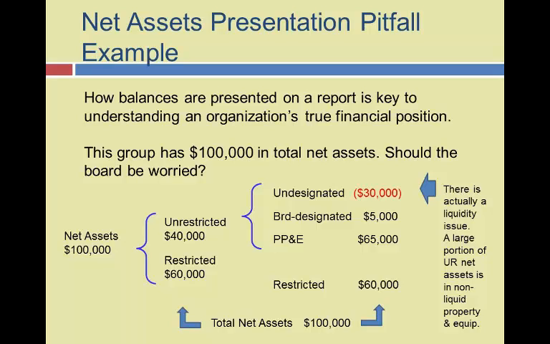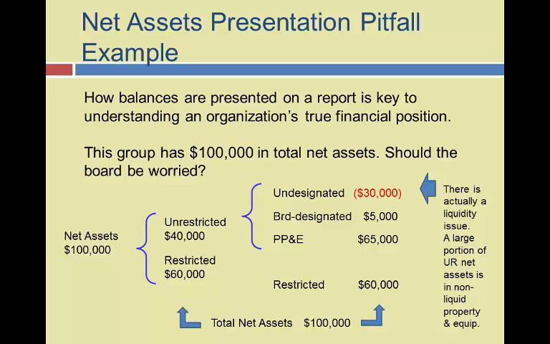Looking at the composition of those net assets, we're separating them into the restricted portion versus the unrestricted portion. $60,000 of that $100,000 we see now is restricted, leaving $40,000 in unrestricted. It still looks pretty good, but remember, part of the unrestricted could be tied up in property, plant, and equipment. And in this case, it is. We see here that property, plant, and equipment represents $65,000 out of the 40.